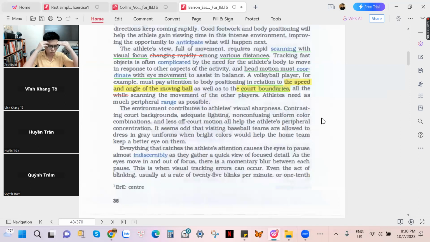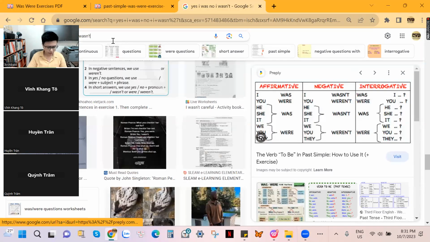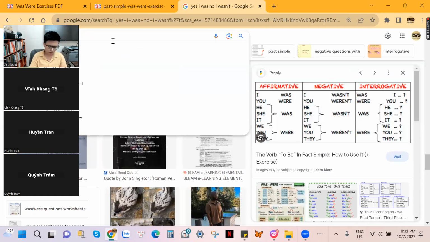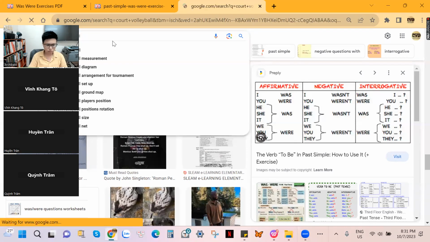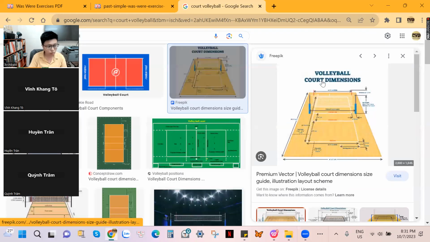Court boundaries, when you play sports on the court, on the yard. Let me open the picture for you. Here we have the word court. Let's say volleyball. This is the volleyball court. And here are the boundaries. What are the boundaries on a volleyball court?